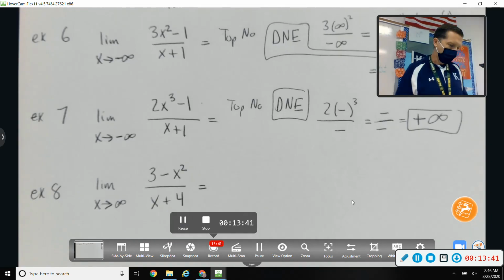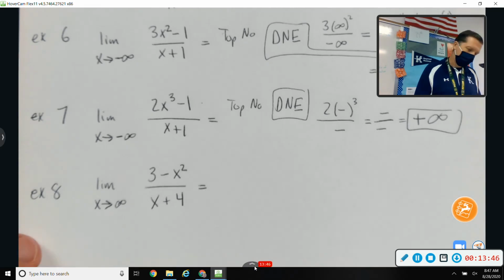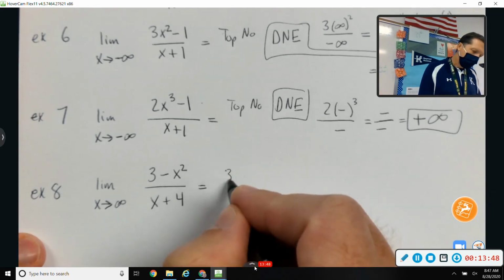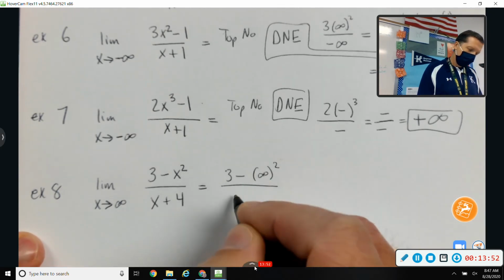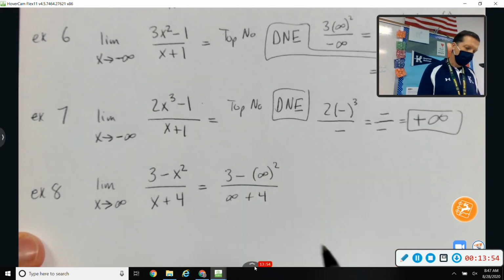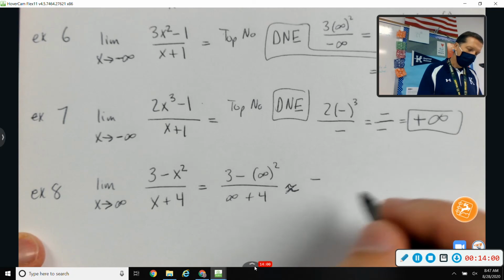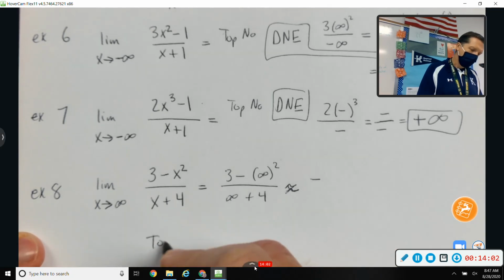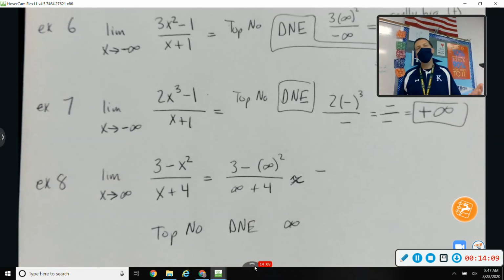If I go to plug in infinity, I mean I can't really plug in infinity, but kind of. 3 minus infinity squared over infinity plus 4. Well, I don't care about the 3 and the 4 so much. So I'm getting negative really big. Or maybe I should have backed up and said top no, does not exist, because it goes to infinity, and now I'm just worried about is it positive or negative.